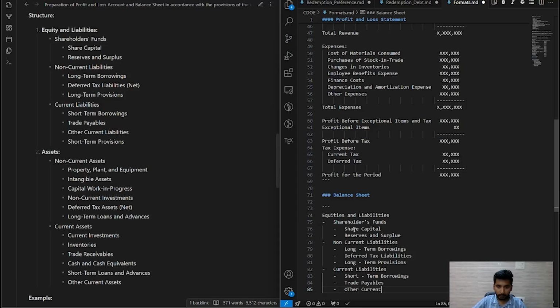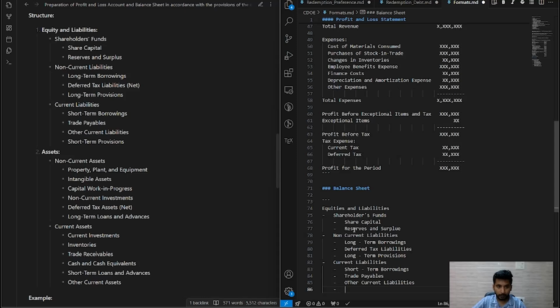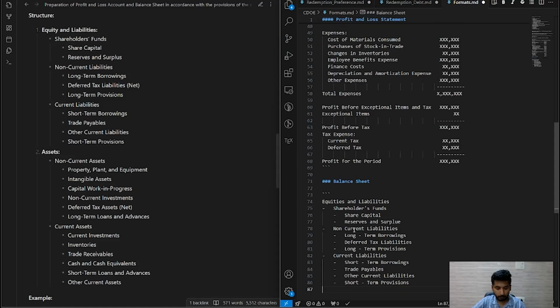It is the other current liabilities. Then it is the short term provisions. After that, the assets. This was all the part of the equities and liabilities.